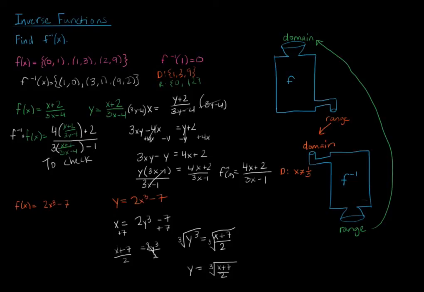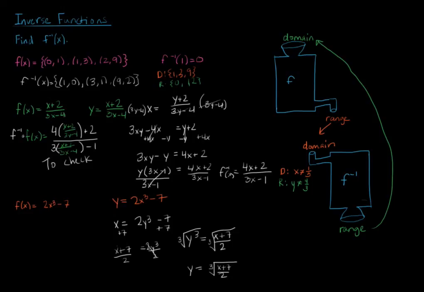You'll notice that the range, this would be a rational function, right? And it would have a horizontal asymptote at 4/3, which means that there's no output values at 4/3. So the range is going to be y can't equal 4/3. Well, if you go back up here, you'll notice that that was the same restriction that you have in your domain.